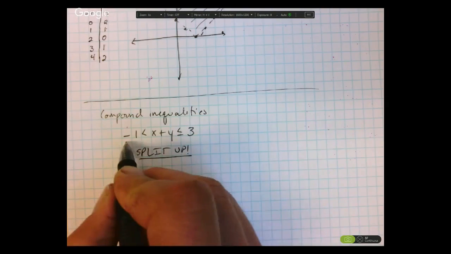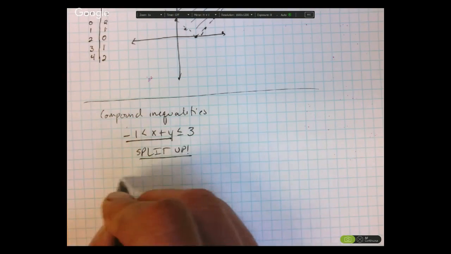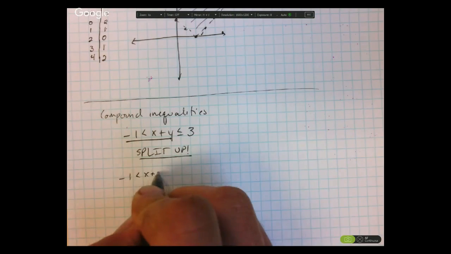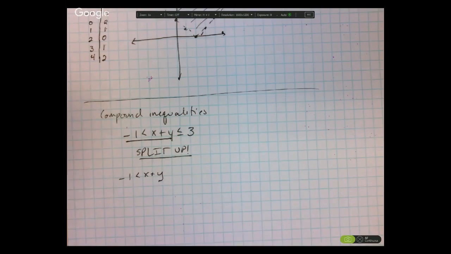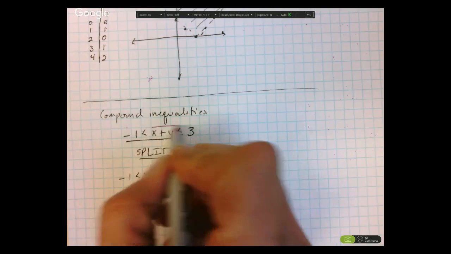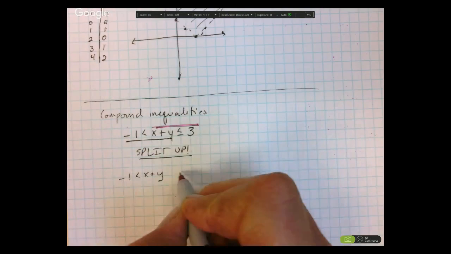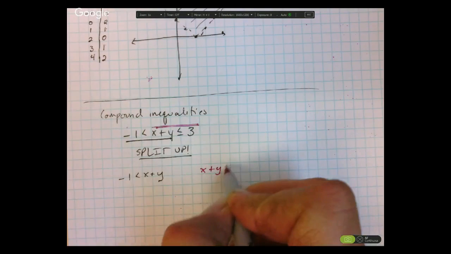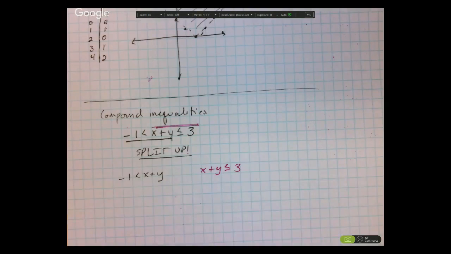So I'm going to take this as one inequality, and I'm going to take this one as another. So we're going to have two separate graphs that we're going to combine into one.